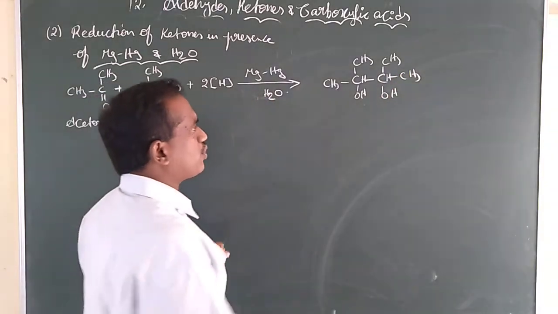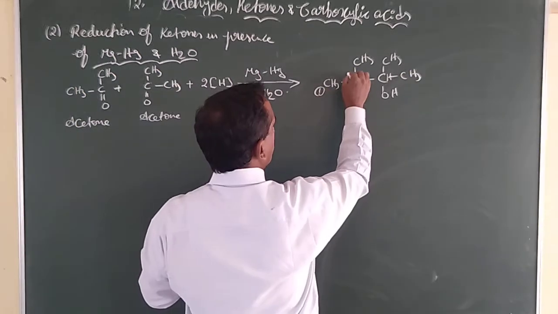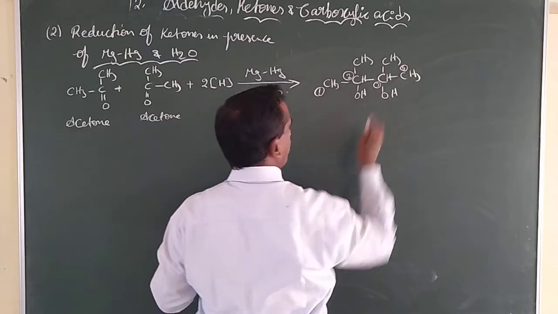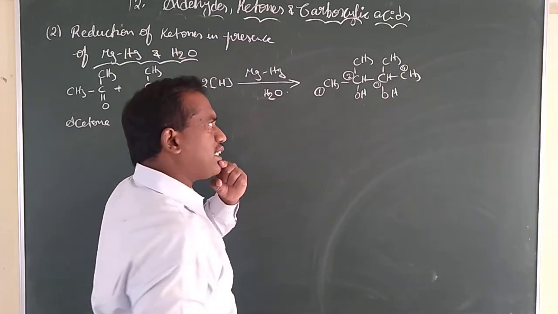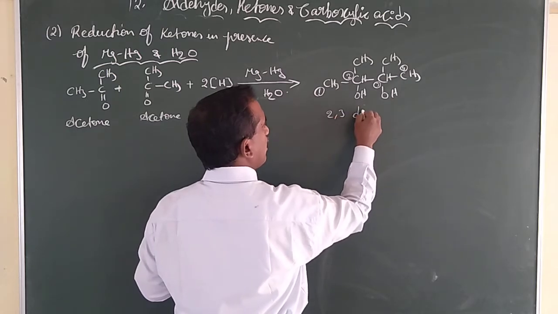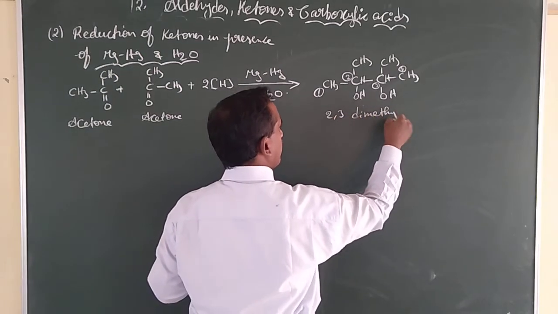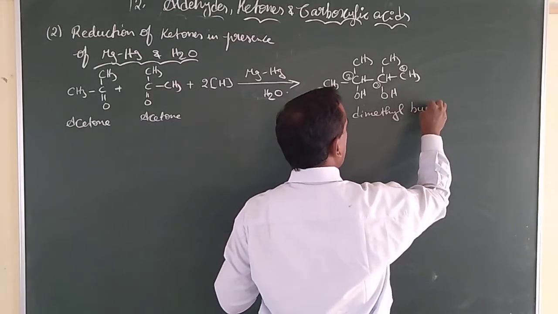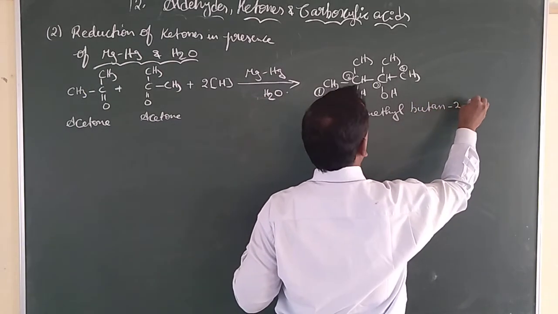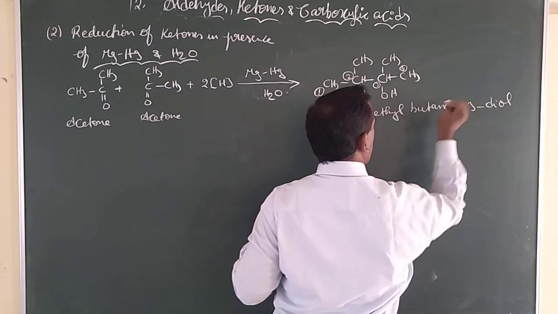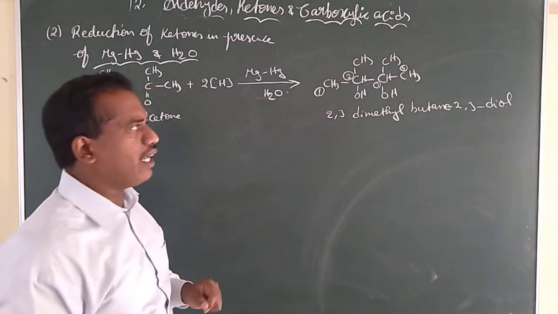Try to give a name for this one. 1, 2, 3, and 4. So by IUPAC, it is 2,3-dimethyl. Now its carbon chain is 4: butane-2,3-diol.